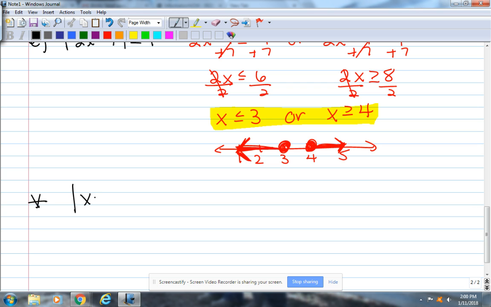Absolute value of x plus 4 is greater than or equal to 6. Y'all try that one.